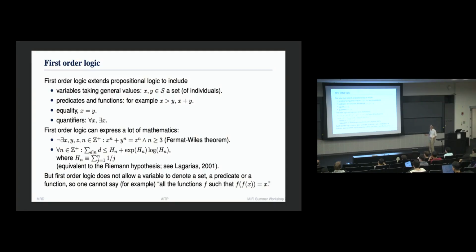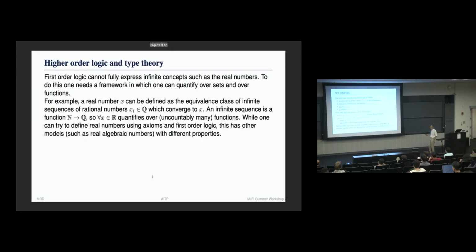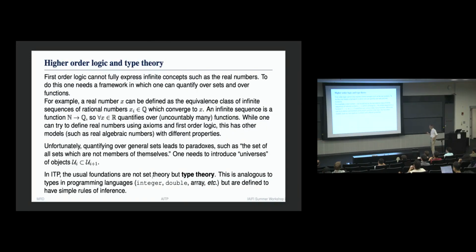So you're working very hard to rephrase things that are naturally expressed in terms of functions in that language. And for example, a real number, if you go back to the mathematical constructions, basically requires this ability to talk about infinite sequences, which are functions, and say for all infinite sequences... And so to express mathematics, you really need this higher order logic.